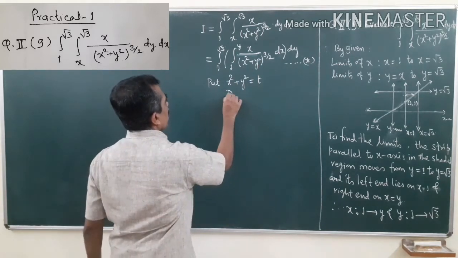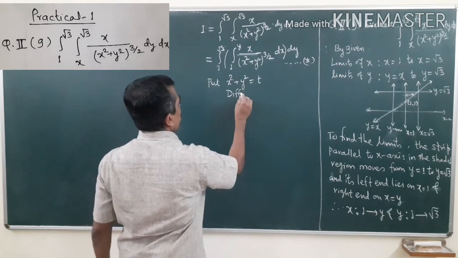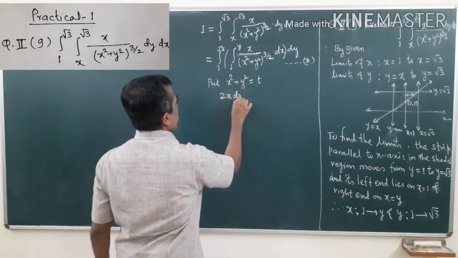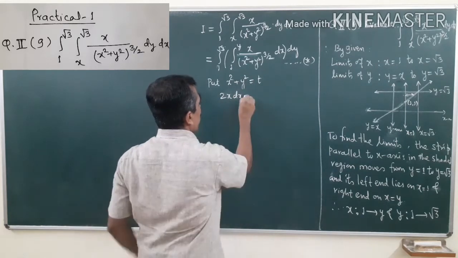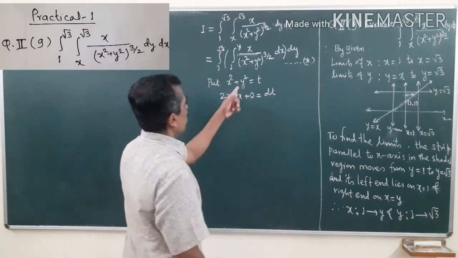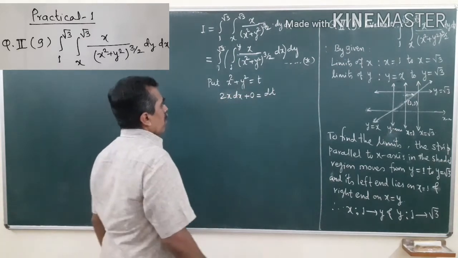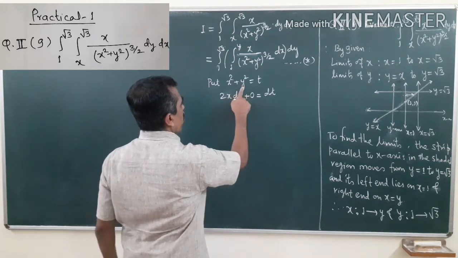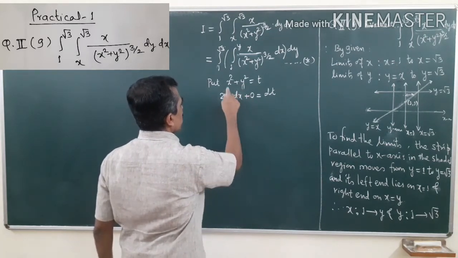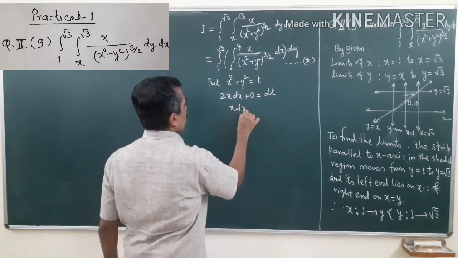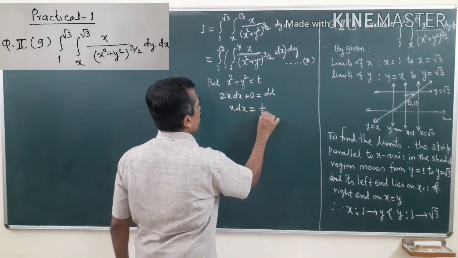So differentiating, we get 2x dx plus 0 is equal to dt, because the derivative of a constant is 0. So this is 2x dx and this is dt. So x dx will be half dt.